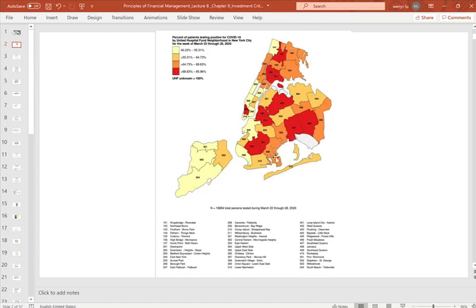You can see more patients in the Jamaica area in Queens, and the Flatbush Avenue area in Brooklyn, and this part, 402, is West Queens, and 211 is Williamsburg.